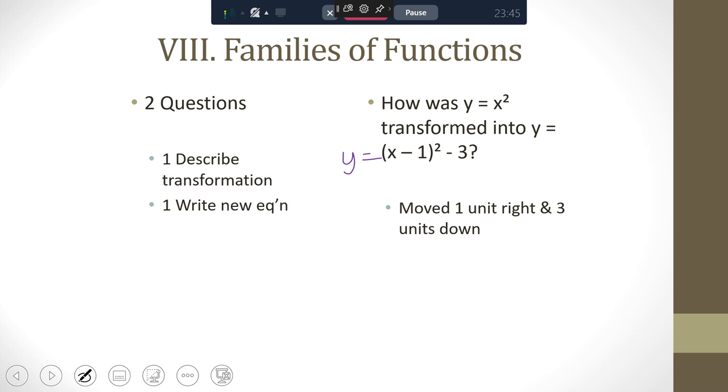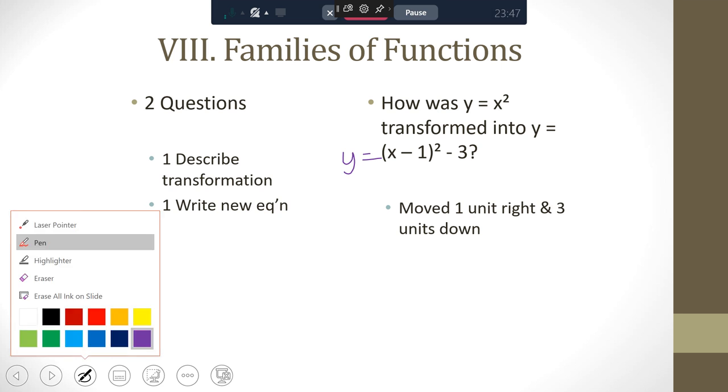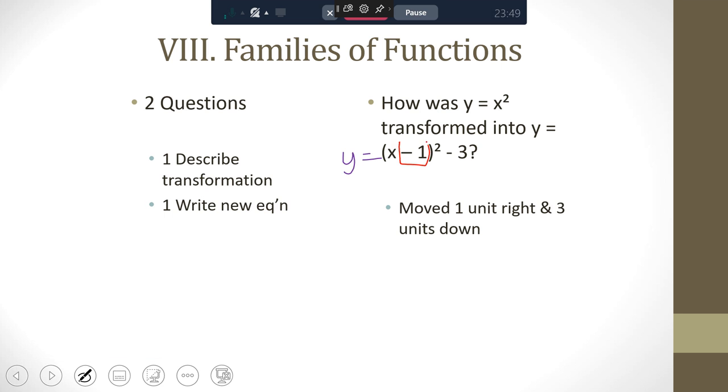So it's asking us how we transform this. We added a negative 1 and a negative 3. The negative 1 is inside. So if we look at our transforming functions equation, what letter would that negative 1 represent? H or K? H, right? Which is a horizontal translation.